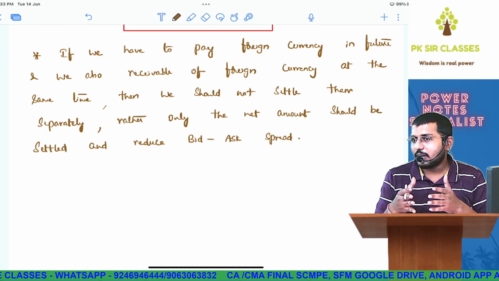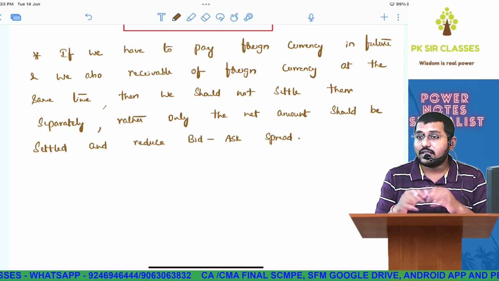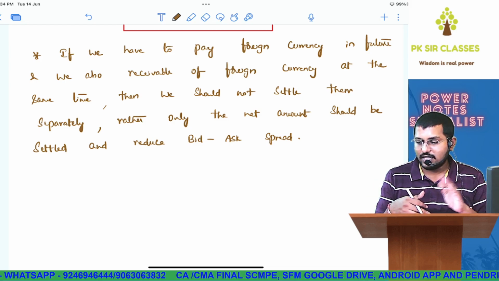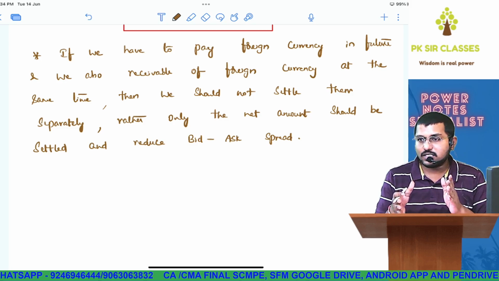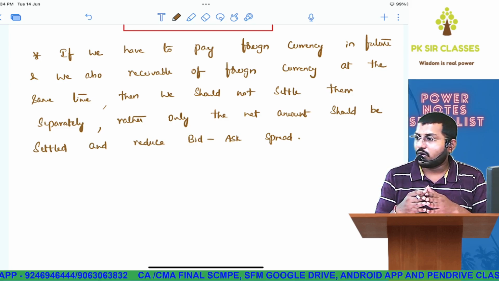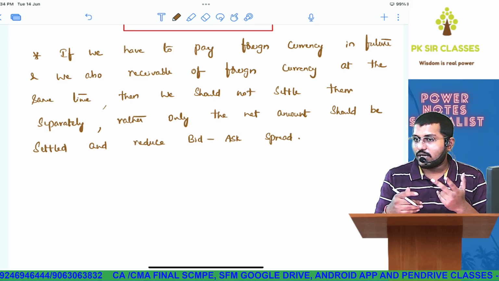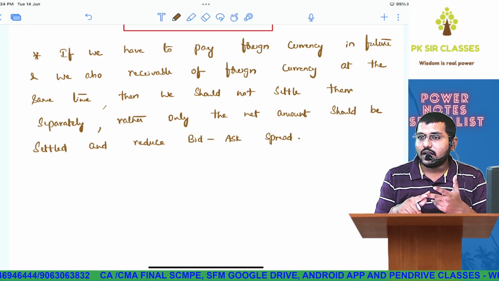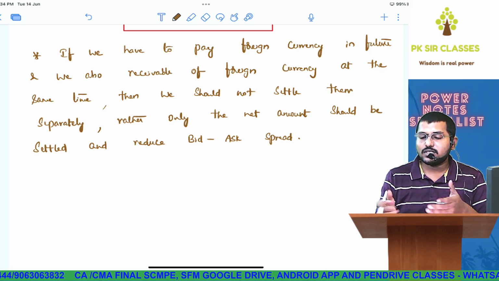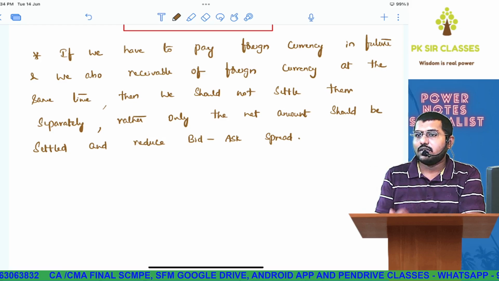Remember margin? When we are calculating customer rate or merchant rate, banks will not have that. So when one bank buys from or sells to another bank, they will have bid ask spread, because ultimately banks have to work, but they'll not have margin. Are you able to understand? So for us as a customer, we have two losses. One is we have to pay a margin, and also we will lose on bid ask spread. Are you able to understand? So why do all these things? Simply set it off and only take it on the incremental portion. You understand the point?